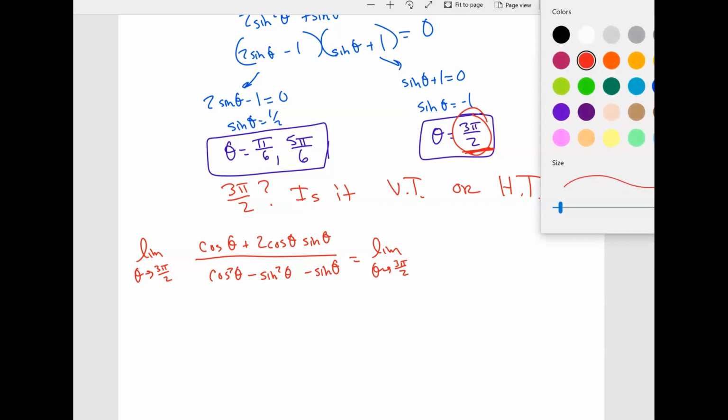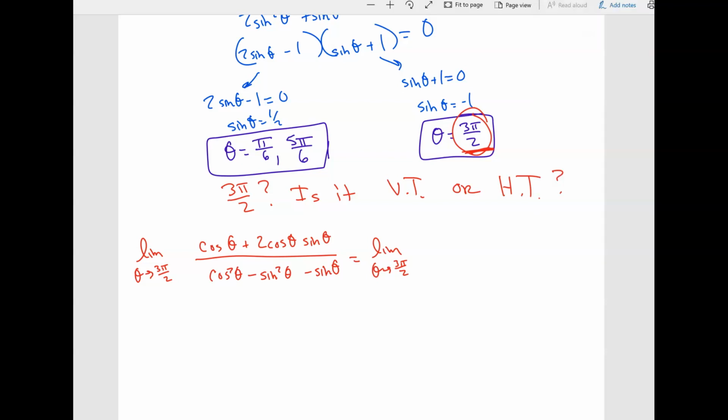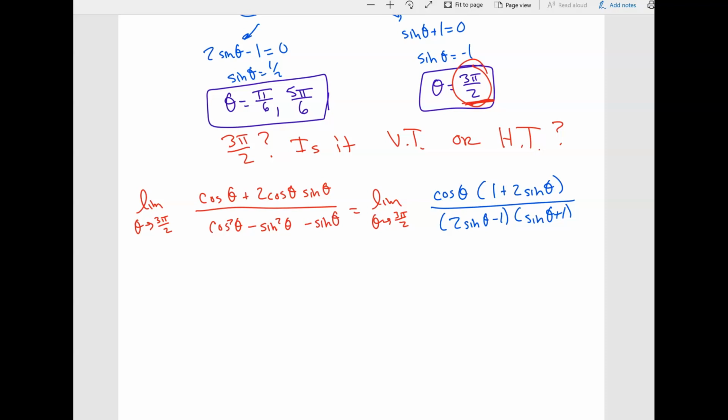And now we can factor the top and the bottom just like we did. On the top we had cosine of theta times (1 plus 2 sine of theta). And on the bottom, the way that we factored it was (2 sine theta minus 1) and (sine theta plus 1). Okay, so I'm just using the factored forms.